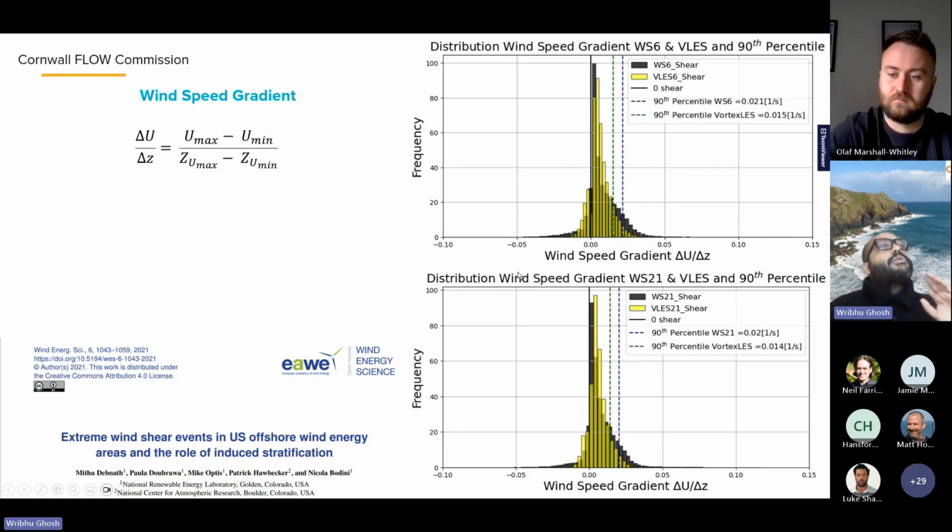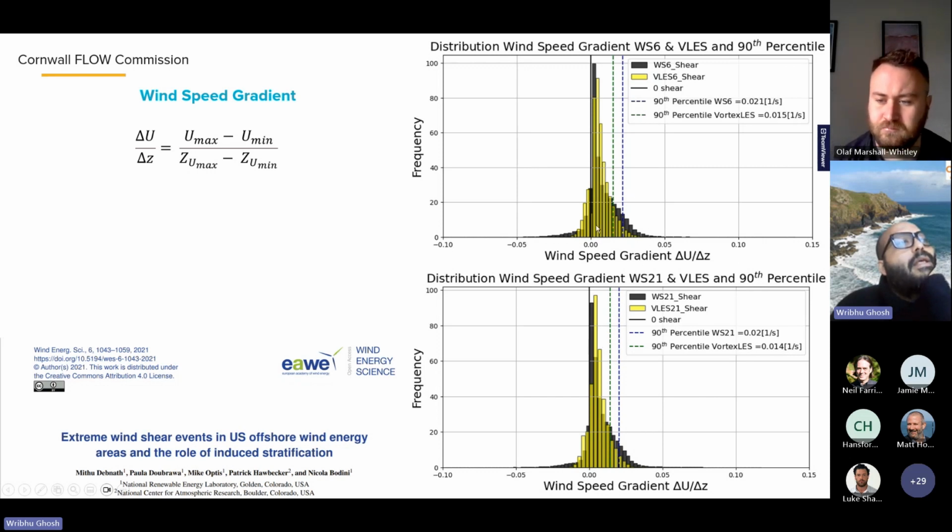Once we have computed delta U by delta Z for each timestamp, this is a plot of the distribution. This is where we see the model and the measured data have very different distributions. The gray one is the measurement, and in either case it's a much wider distribution with a much longer tail, because these are all 10 minutes averages.